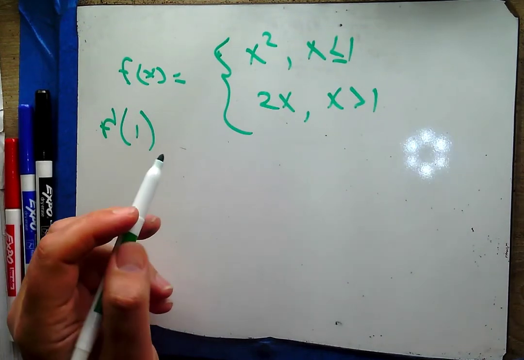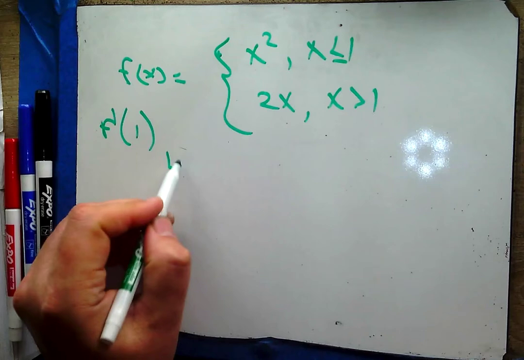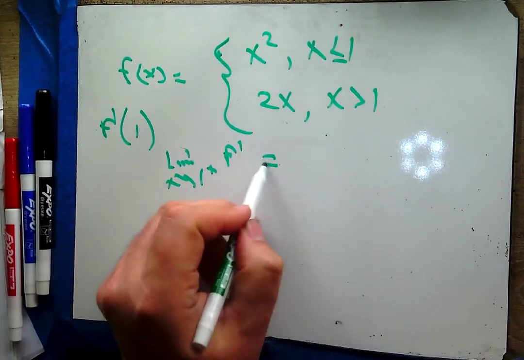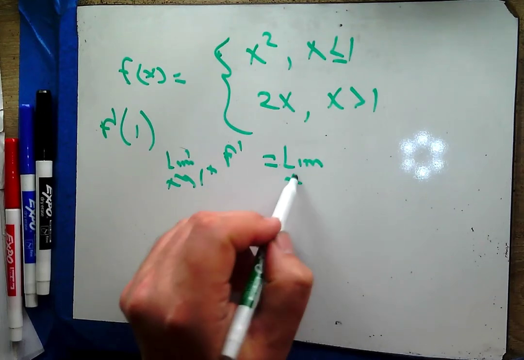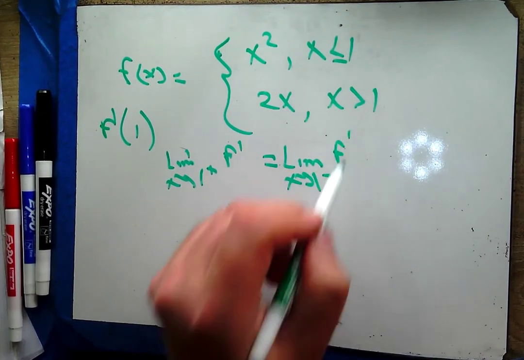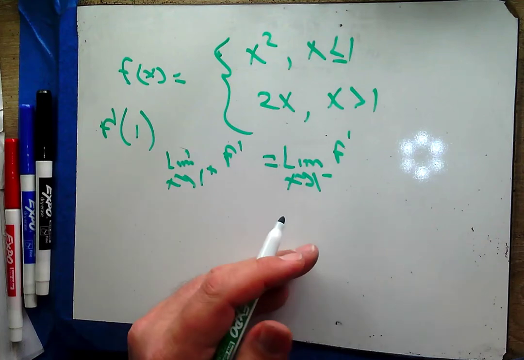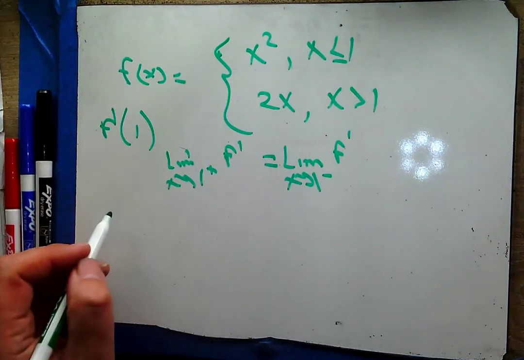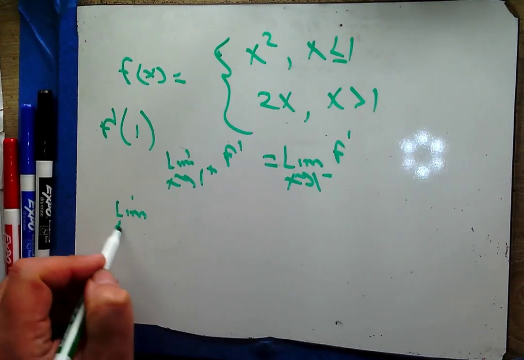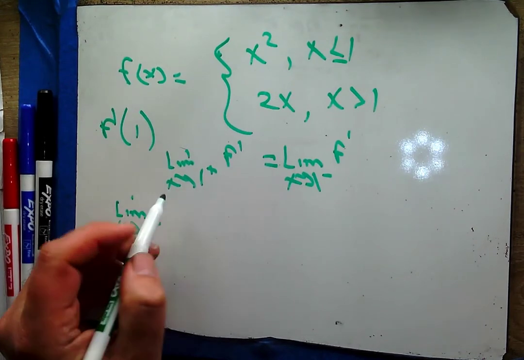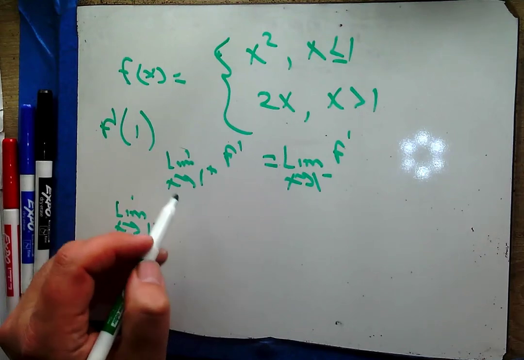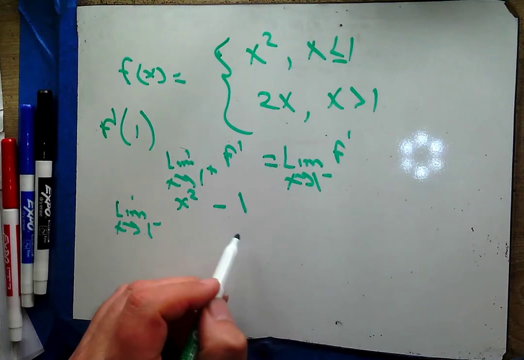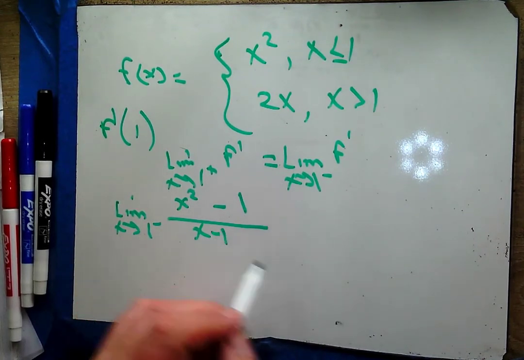Okay, so we want the limit as x approaches 1 from the positive side of f prime to equal the limit as x approaches 1 from the negative side of f prime. So I need to find the limit of the slopes from each side. Okay, so from the left, I'm going to say the limit as x approaches 1 from the negative side of f of x minus f of 1 over x minus 1.